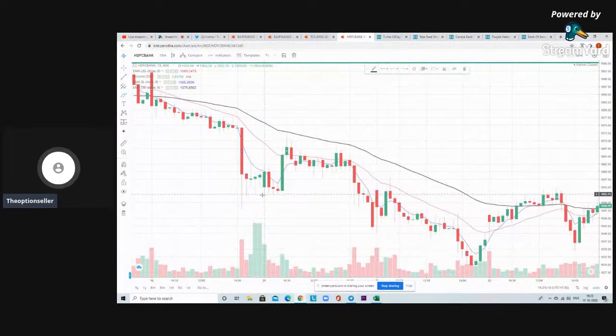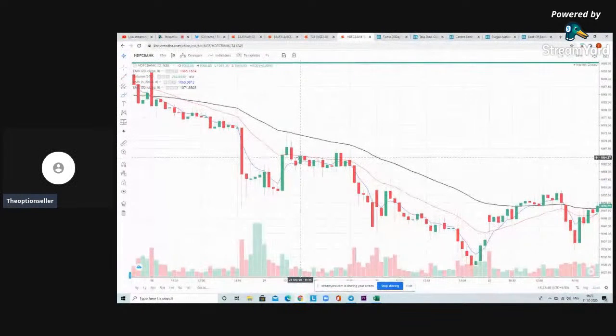This is the first candle of 21st. Okay. Now I'm looking to sell, but I'm looking to sell when it goes above the 20 EMA and then comes down, right? Yeah. So which happens here on this candle.